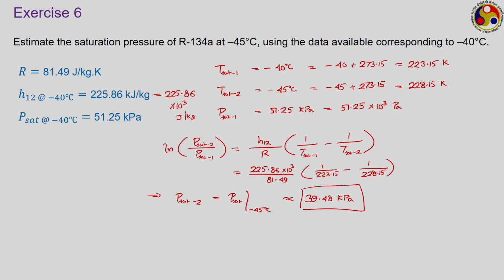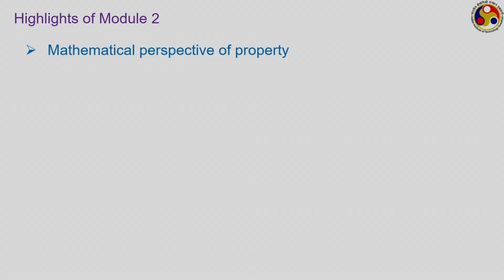So, that takes us to the end of our second module, where we have focused on developing generalized relations for changes in most important thermodynamic properties. So, we started with the mathematical perspective of property. We understood how to understand whether a parameter z is a property or not once we know that it is a function of x and y and both x and y are properties.